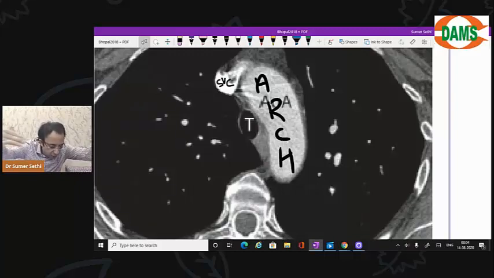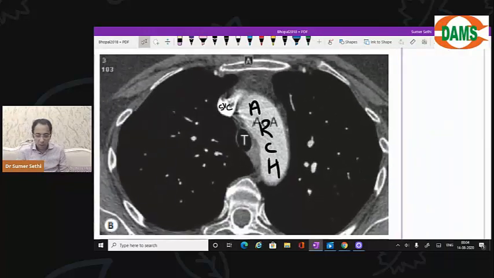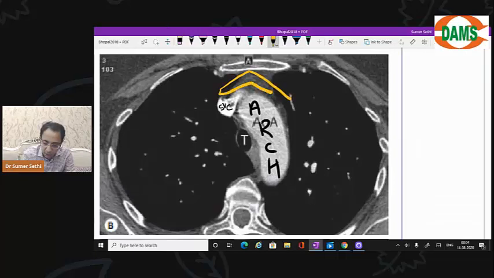Both the brachiocephalic veins have joined to form the superior vena cava. Are you clear? And you can see the trachea. In a child, remember, between the sternum and the great vessels, you have a triangular gland like this.